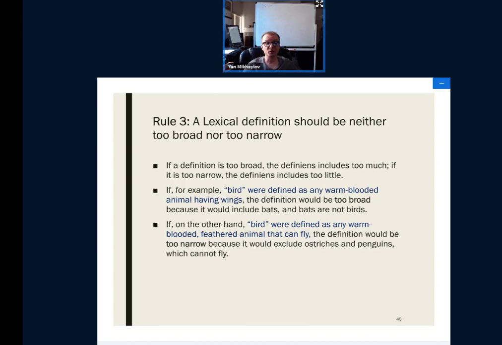Now that would actually be too broad, because if you think about it, then bats would fall under this definition, but bats are not birds. You can also go the other way. You can make it too narrow, such as defining bird as any warm-blooded feathered animal that can fly. Well, that's too narrow, because that would exclude ostriches and penguins. But ostriches and penguins, even though they cannot fly, are birds.